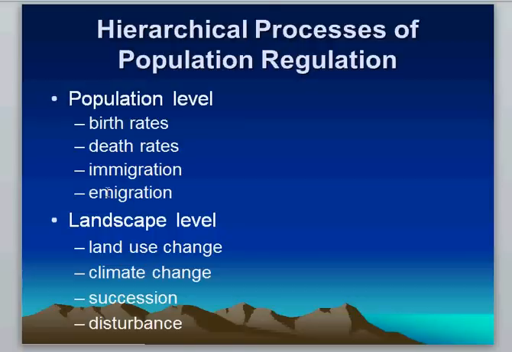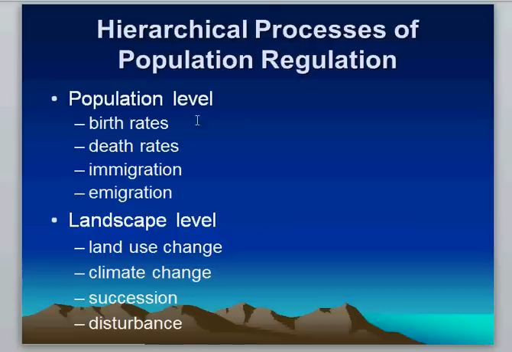We can also have landscape level processes of population regulation. Habitat change or land use change, which changes the habitat, can have a big impact on birth rates and death rates, immigration and emigration, and therefore feeding rates, growth rates, habitat selection, and so on.